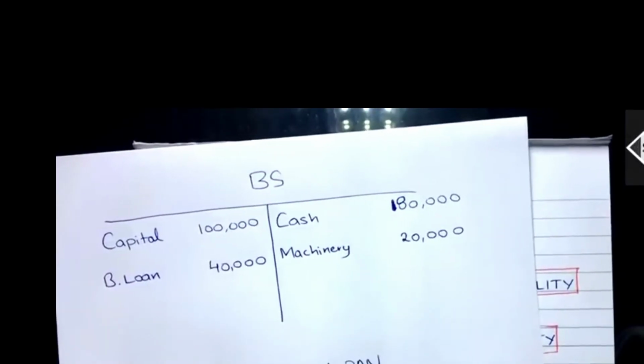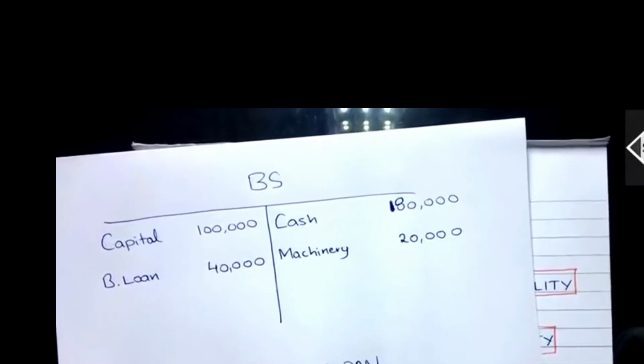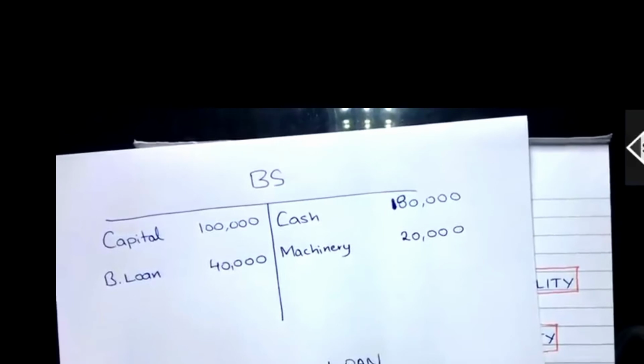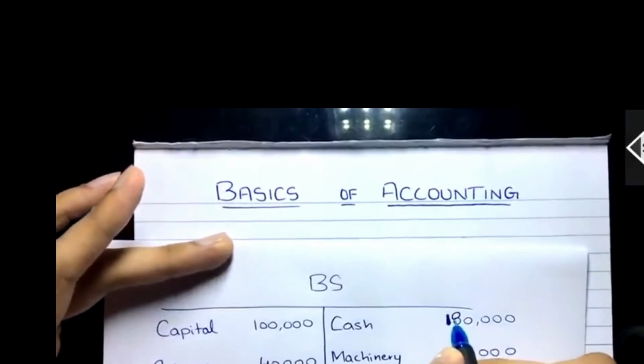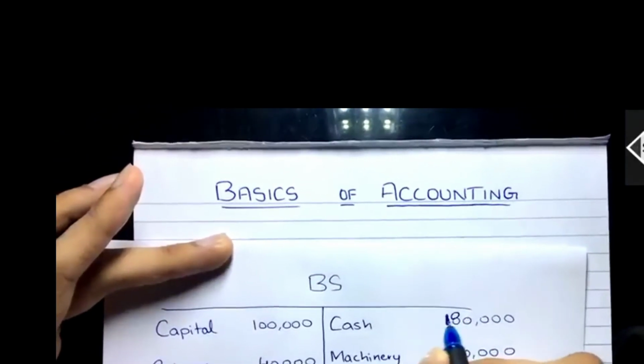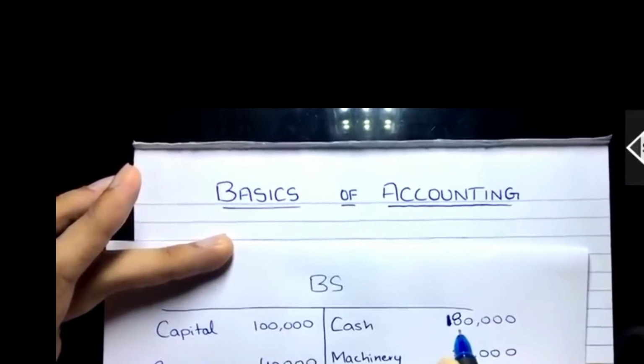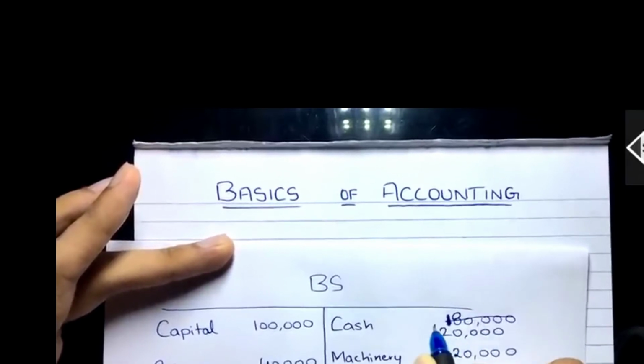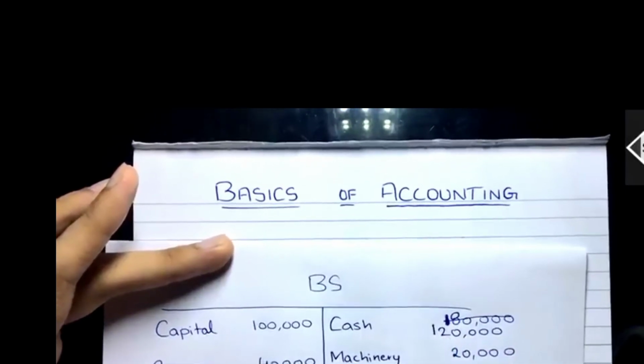You have got your own cash now, 40,000 from the bank. Yes, it's the bank's cash, but now you own it, so it's your cash now. So it will be increased: 80 plus 40 is 1,20,000. So now the cash that is there is 1,20,000. Is that clear? Does that make sense?